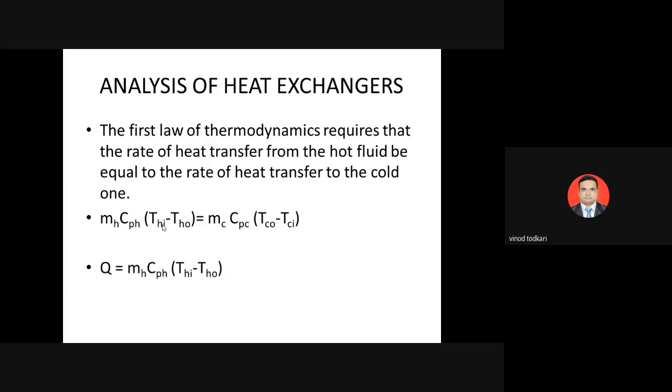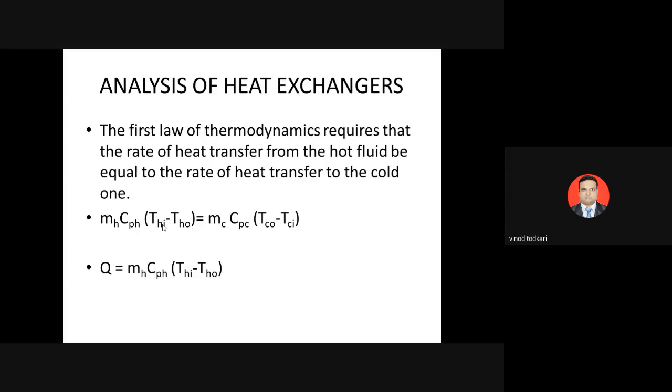It is obvious that as the cold fluid is accepting the heat, its temperature will increase. So Tco will be more than Tci, and for the cold fluid, in the bracket we use Tco minus Tci. So a very simple energy balance equation: heat given by the hot fluid is equal to heat taken by the cold fluid.